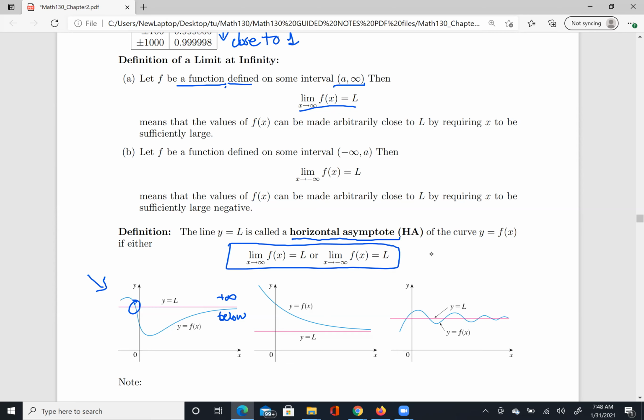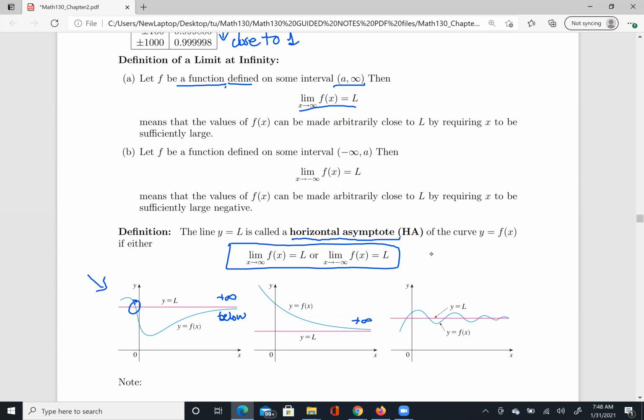Okay. The second one clearly tells you that y equal to L is going to be the horizontal asymptote, because when x goes to positive infinity, you can see it goes along y equal to L, right?